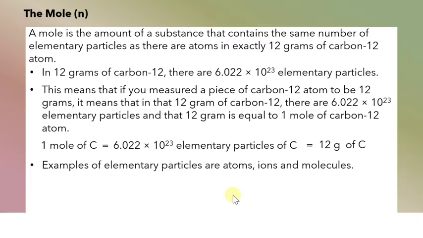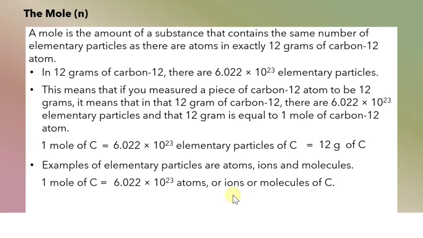So atoms, ions, and molecules are what we call elementary particles. You must understand that if we have 1 mole of carbon, just as we have said, it contains how much? 6.022 times 10 to the power 23 atoms or ions or molecules of carbon.